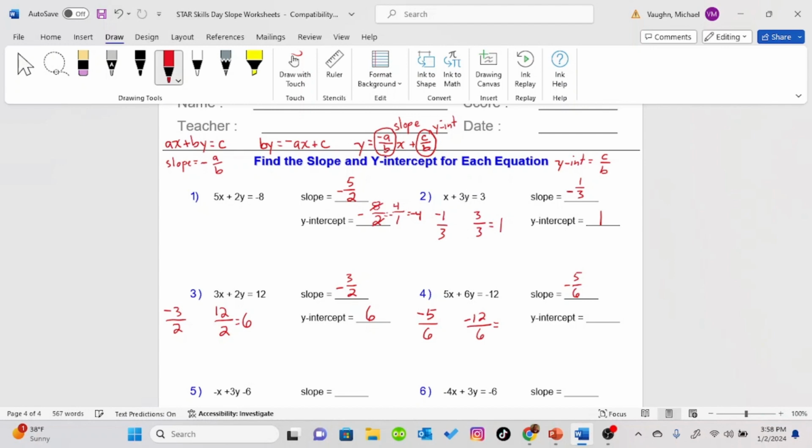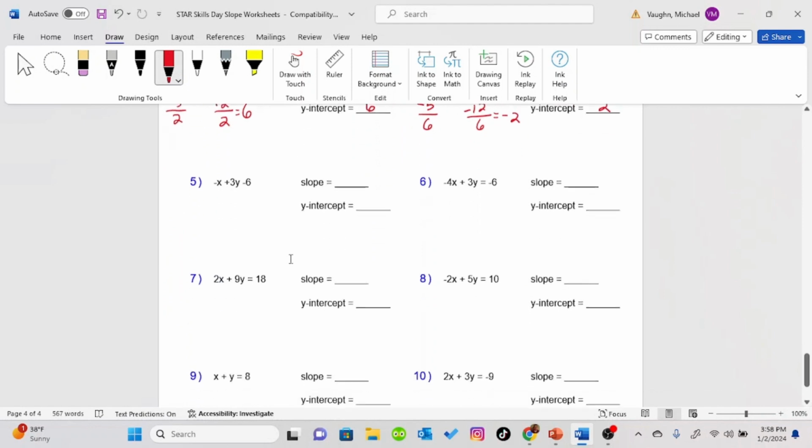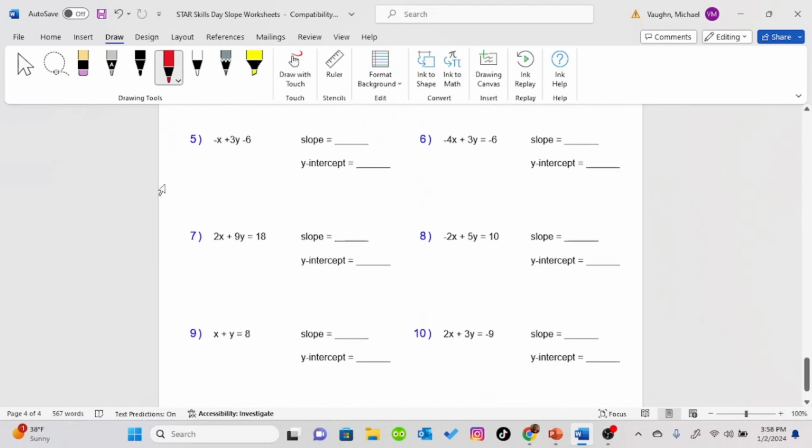And negative 12 divided by 6 is negative 2. For number 5, my slope is negative a, which is negative 1, over b, which is 3.